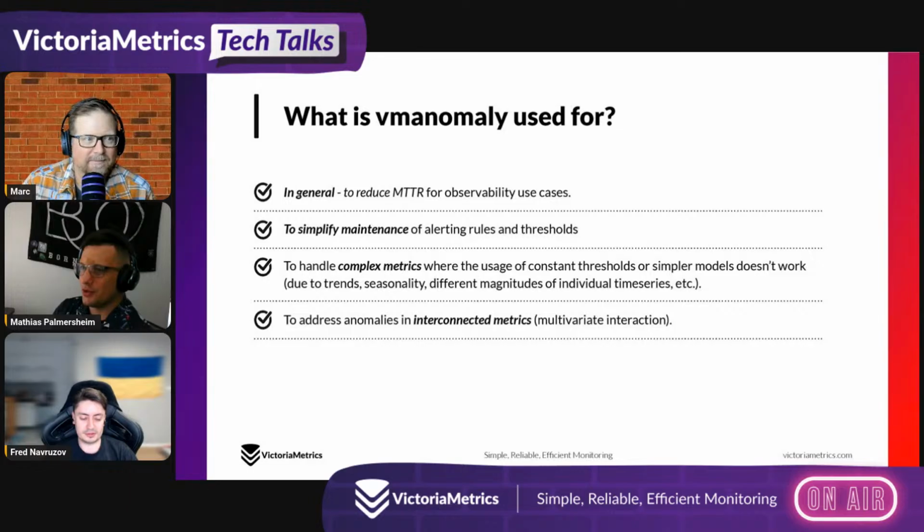The same for alerts. One question that we get a lot is, can I just turn on anomaly detection for everything? And the short answer to that is you probably don't want to. The reason is that for every metric or every time series you perform anomaly detection on, you generate at least one more time series to track the anomaly score.